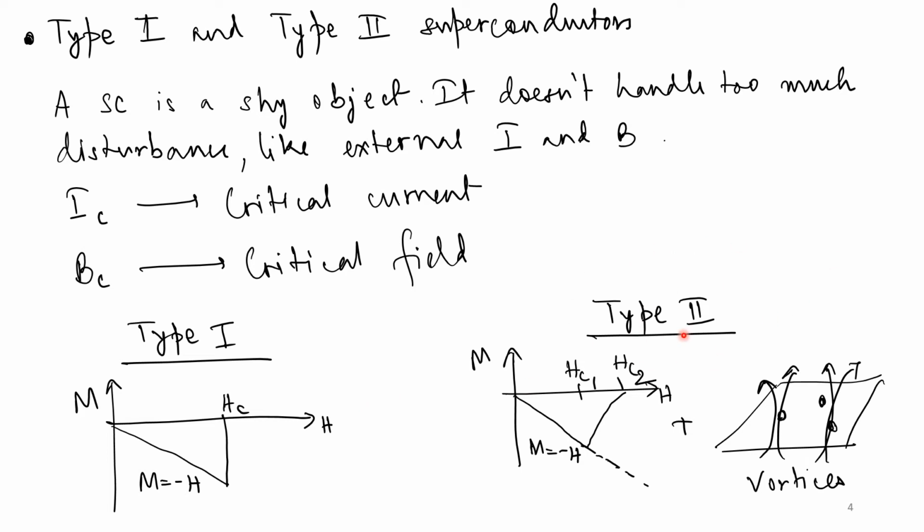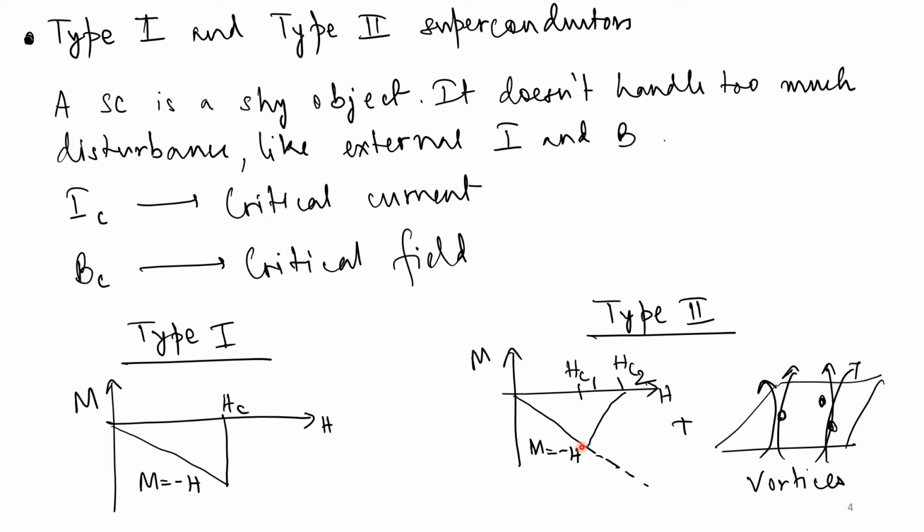So a type 2 superconductor has the same feature up to a certain critical field, which we call the lower critical field, HC1, up to which it behaves exactly the same way. The magnetization changes as -H.